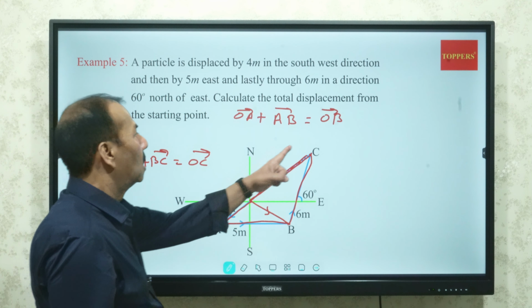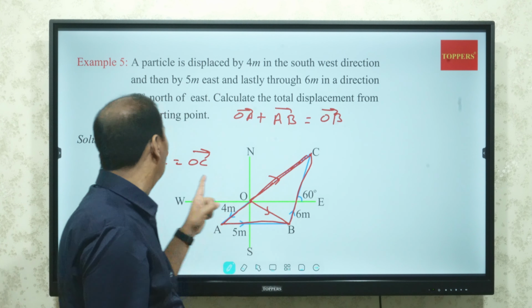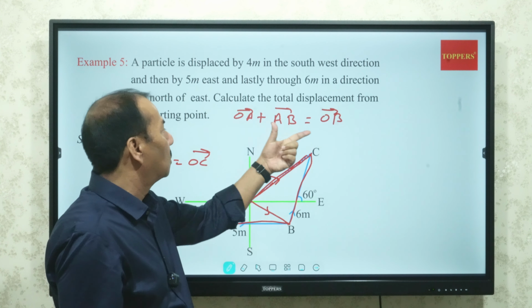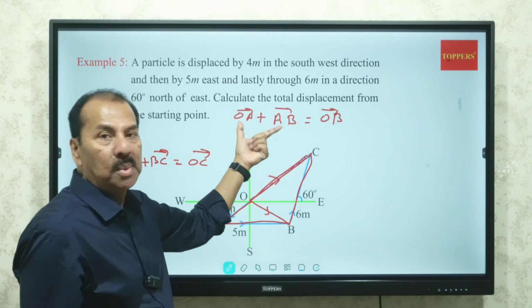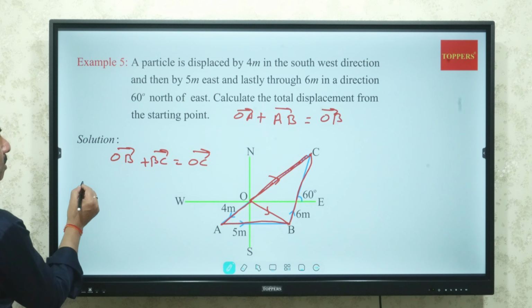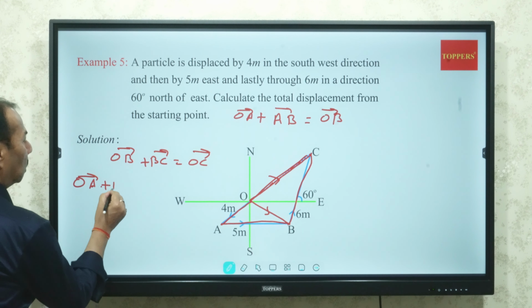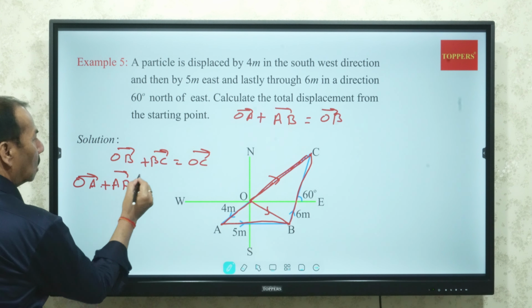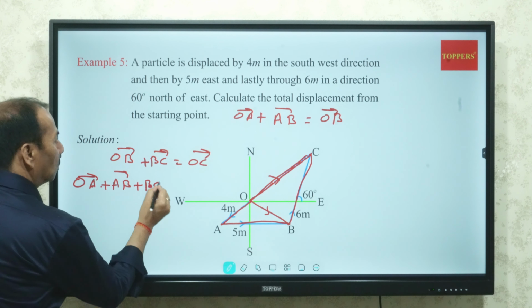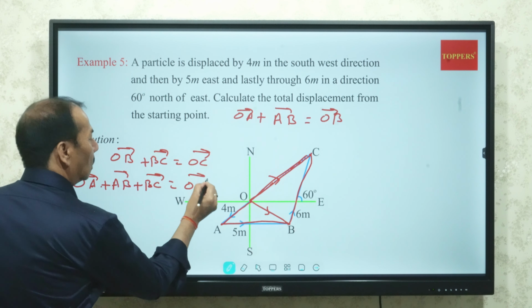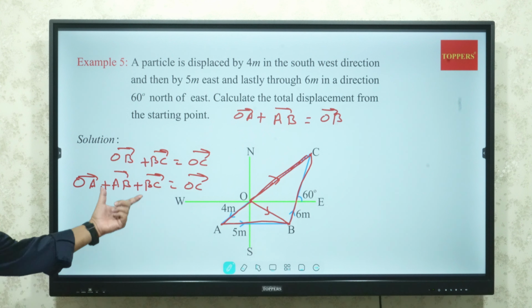Now if you consider the replacement of this OB, it can be replaced from this equation. So OB can be replaced as OA plus AB, and plus BC, and that is finally your OC. Now let us see this equation.